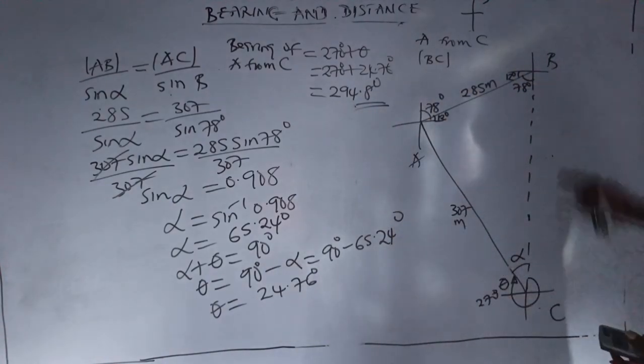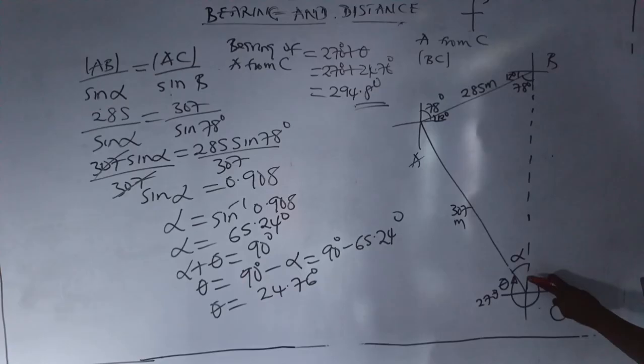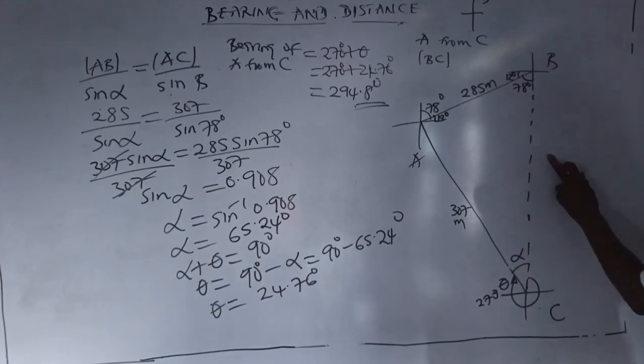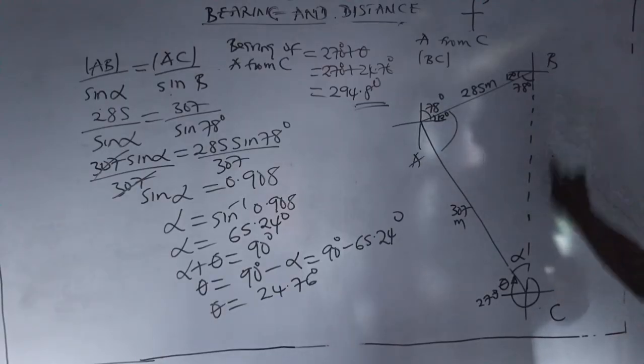Now we are also asked to look for our BC. To get our BC, we know this side and this angle. We don't know this angle, neither do we know this side.